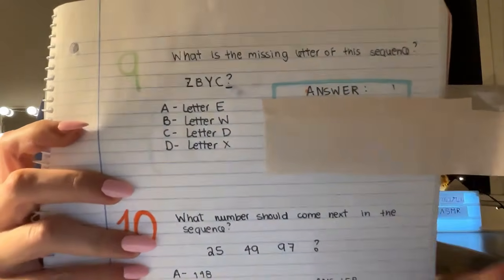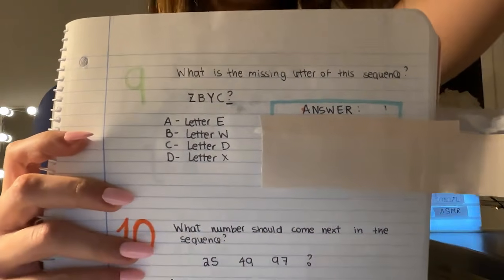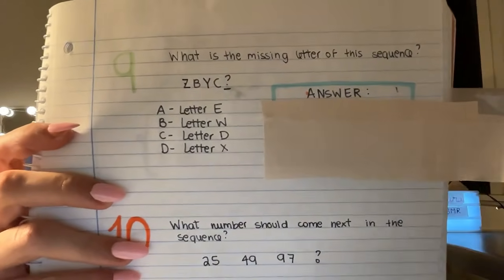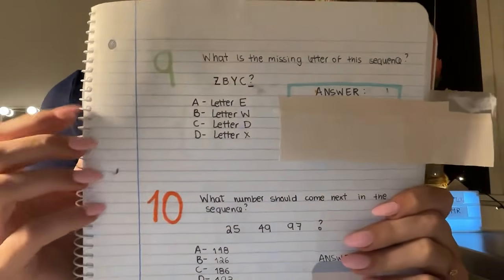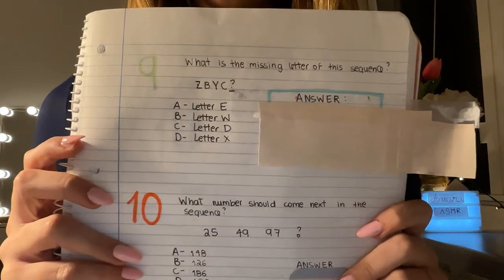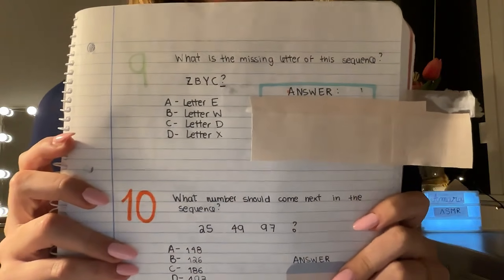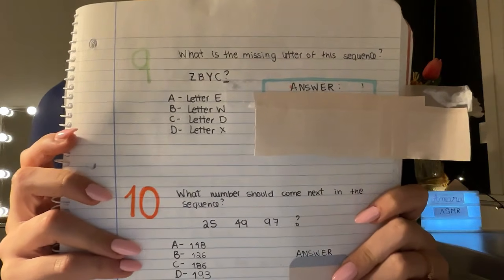I'm giving you some time to think. Take a look at the sequence and at the options and make a decision. E, W, D, or X?